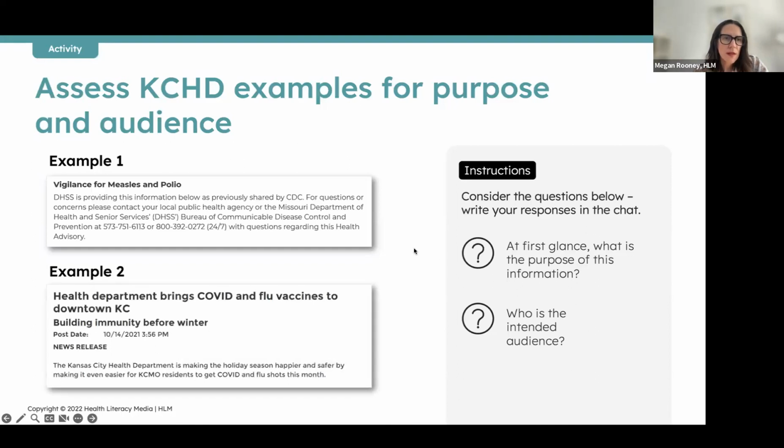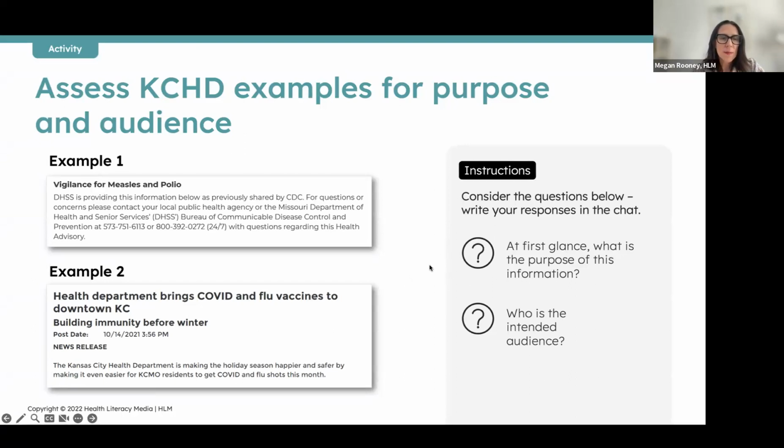So how about this one? Health Department brings COVID and flu vaccines to downtown KC. Building immunity before winter. What do we think about the purpose and audience of this? Is this one clear or clearer? Connie says yes. Joey says yes.